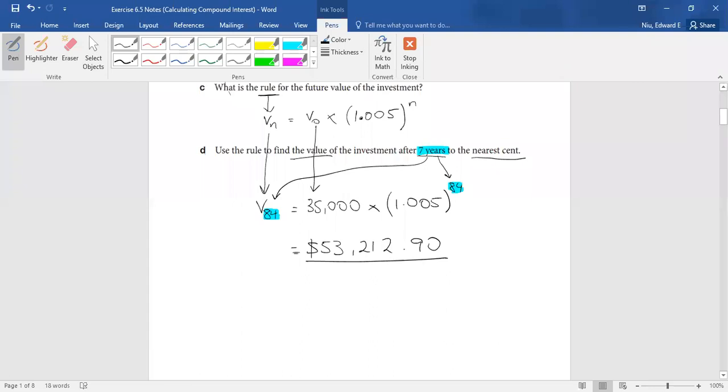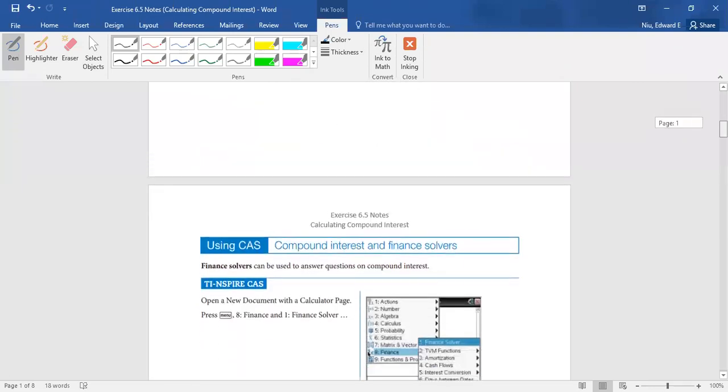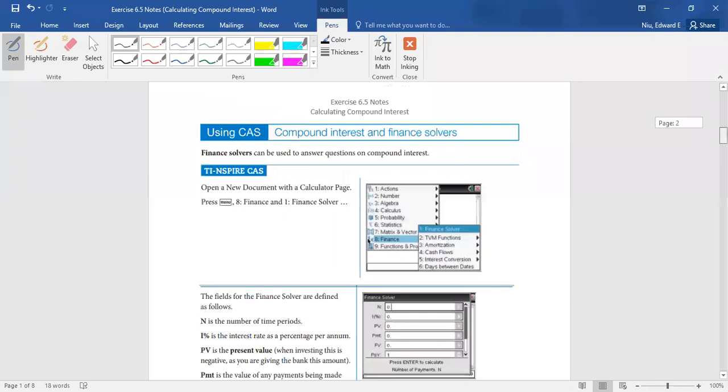Right, let's move on and take a look at the financial solver. Hopefully you figured out, or I'll tell you now, compounding interest is the opposite of reducing balance depreciation. So depreciation goes backwards, interest goes upwards. The financial solver technicalities you can find on page 2 of the notes.